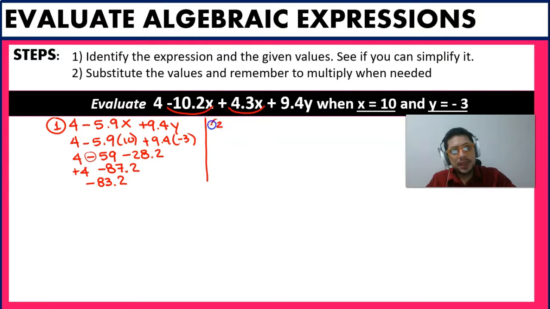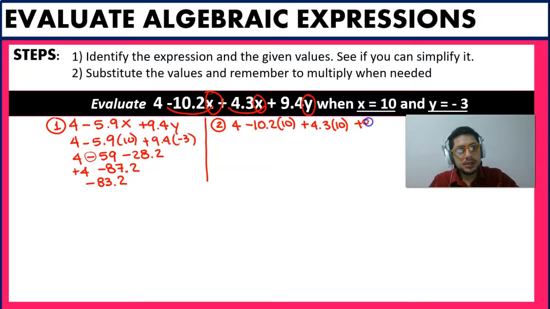Another way is that we can just avoid simplifying, and jump straight ahead into substituting. So 4 minus 10.2 times 10, we're substituting in x and in y, plus 4.3 times 10, plus 9.4 times minus 3.